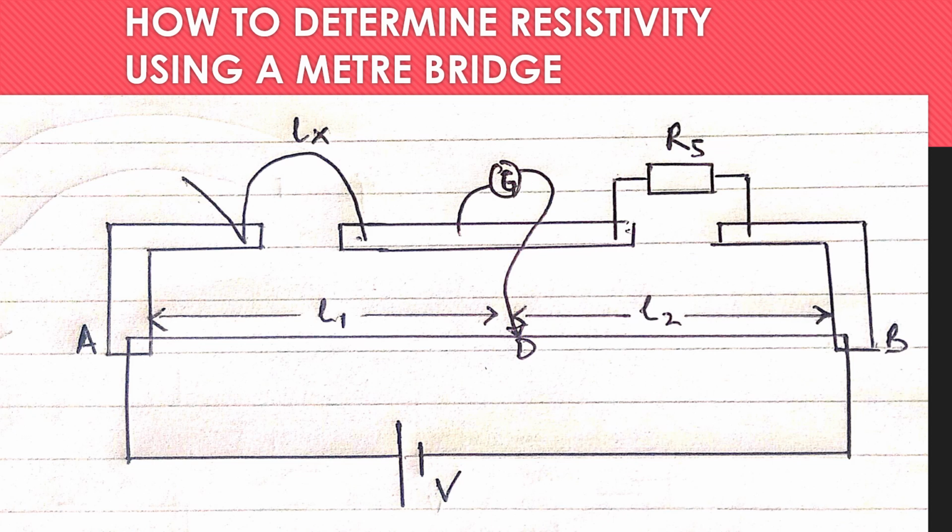If we would like to find the resistivity of a wire using a meter bridge, we connect a specific length of that wire in the left-hand gap of the meter bridge, and in the right-hand gap we connect a standard resistor that is shown in that diagram as RS.